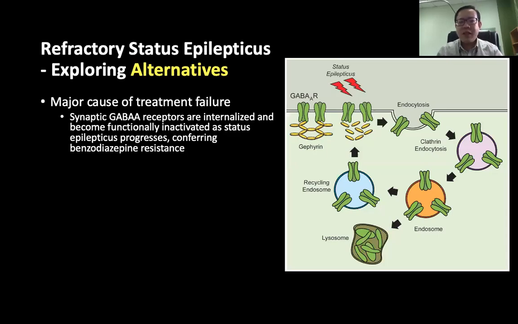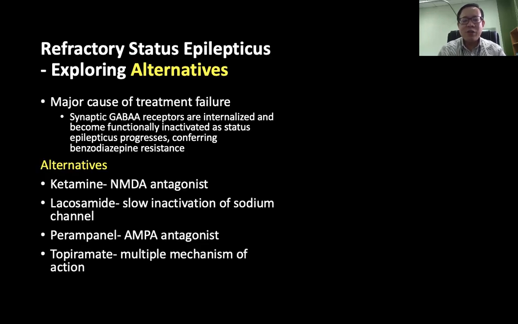After prolonged status, the GABA receptors, as you see here, will slowly be eaten up and pushed into the cells. They are no longer effective. So all the GABAergic drugs like sodium valproate, midazolam, benzodiazepines and phenobarbital are no longer effective in treating refractory status epilepticus, and we need to consider other options.